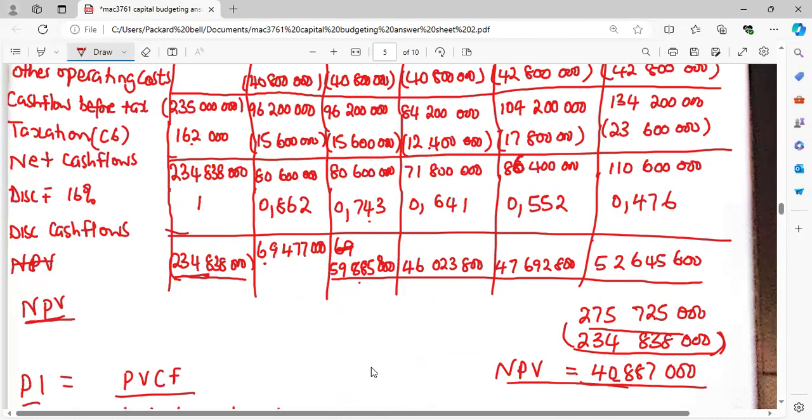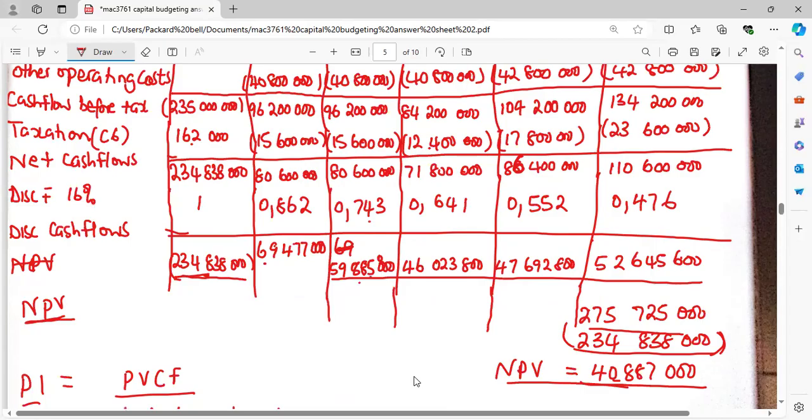Then we subtract until this is finished. Then when this one is finished, that's the payback period. So let's see how long it takes to finish off this amount. Let's do it even here.